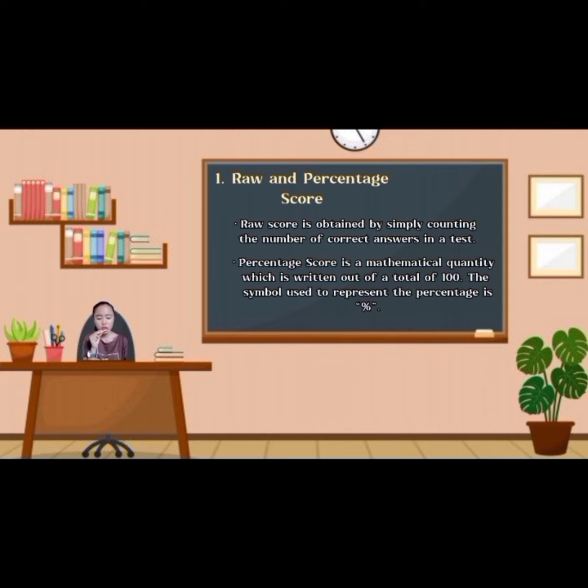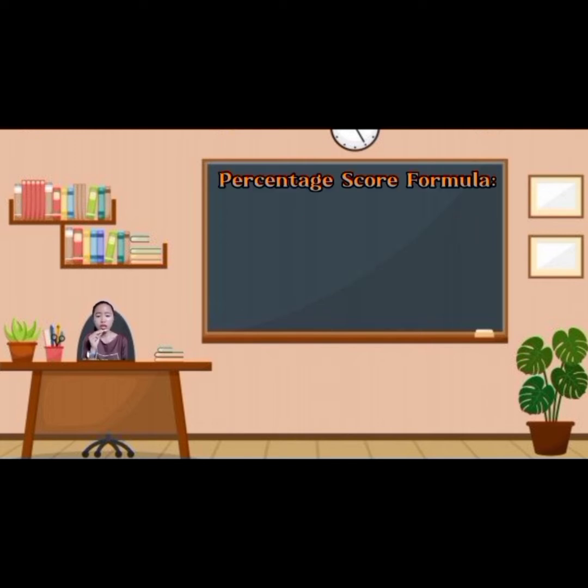The symbol used to represent the percentage is percent. So here is the percentage score formula. Test raw score divided by total number of items. Then we will multiply the answer to 100 equals percent.